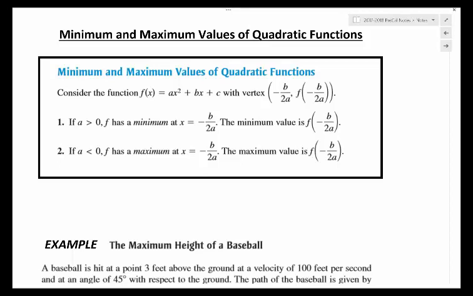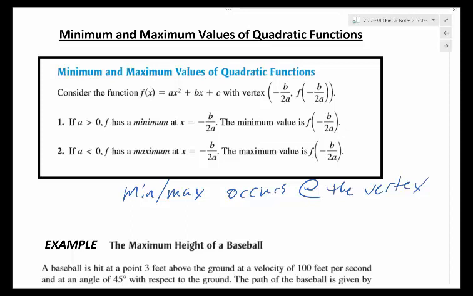The key thing is the minimum or maximum occurs at the vertex. So if you plug it in and you find the vertex of your parabola, you will find the minimum or the maximum value of the parabola.